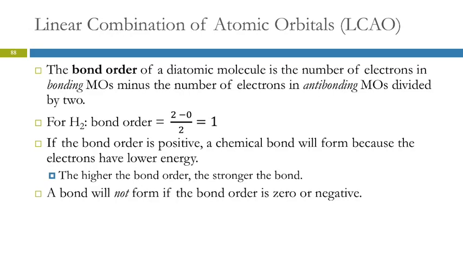If it's negative, a bond will not form, because that would actually increase the energy. You've got more in the anti-bonding orbitals. That makes sense? So bond order greater than 0, the bond will form. The larger the bond order is, the stronger the bond. So if you've got a bond order of 3, that's going to be a stronger bond than if you have a bond order of 1. Okay?